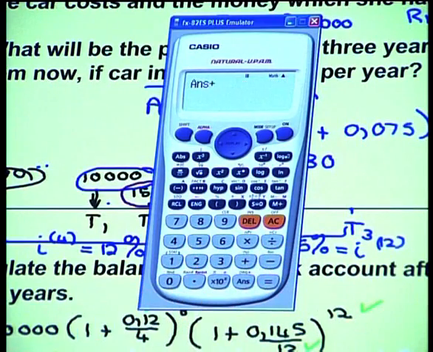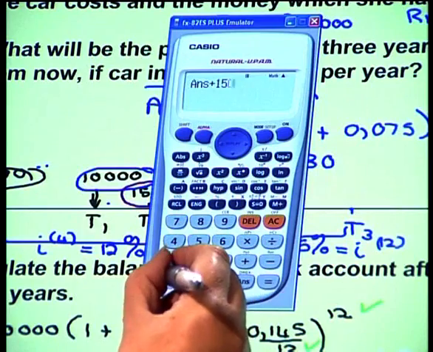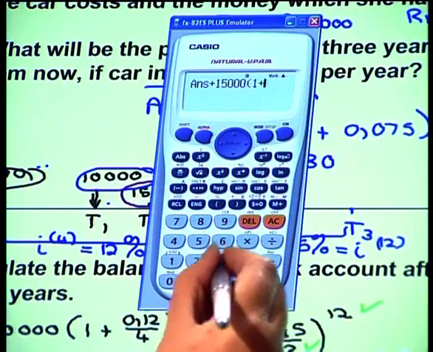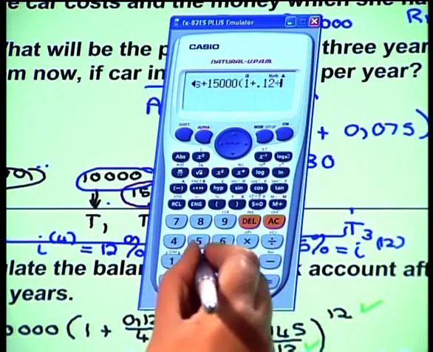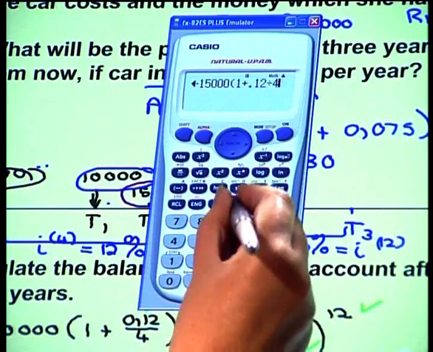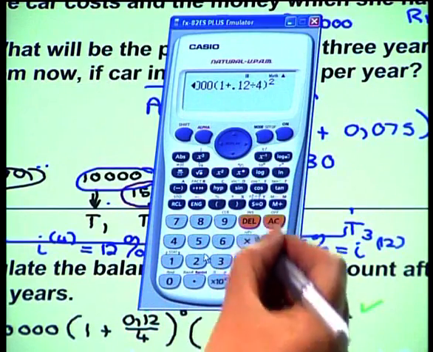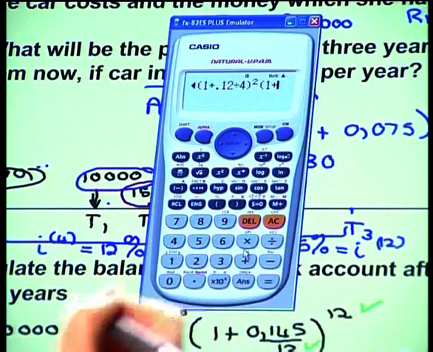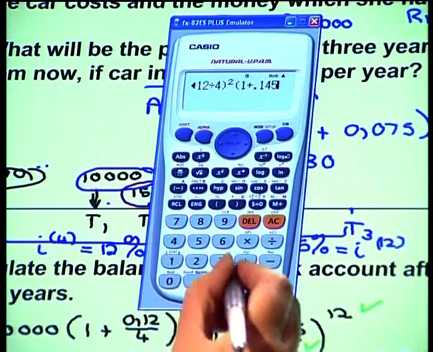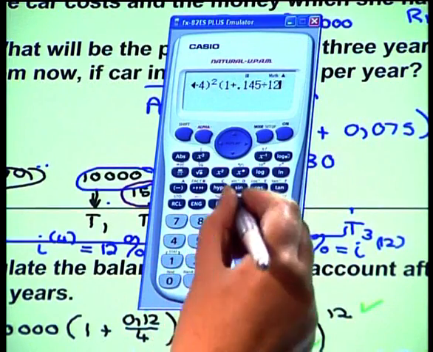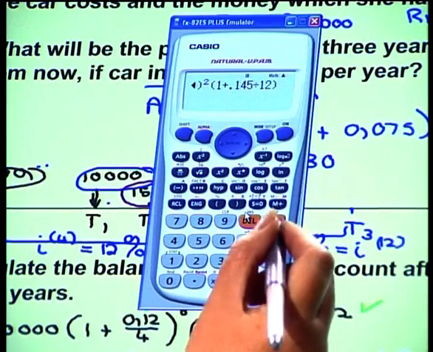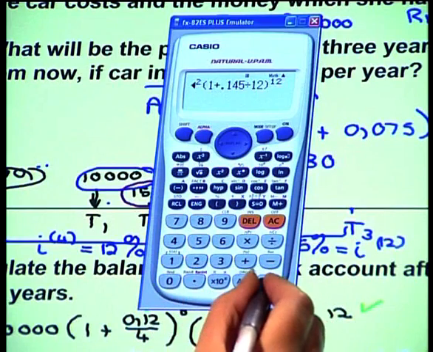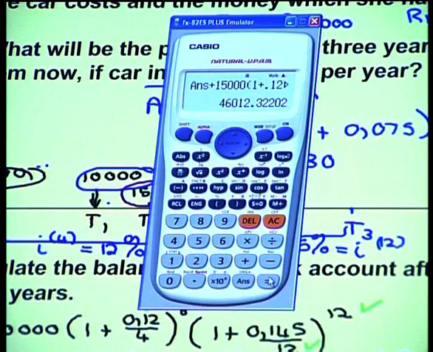And to that, I'm going to add the 15,000. 1 plus 0.12 divided by 4 raised to the power 2, times by 1 plus 0.145 divided by 12, close the brackets, raised to the power 12, and I think that's it.